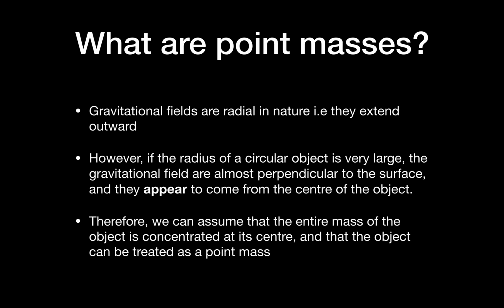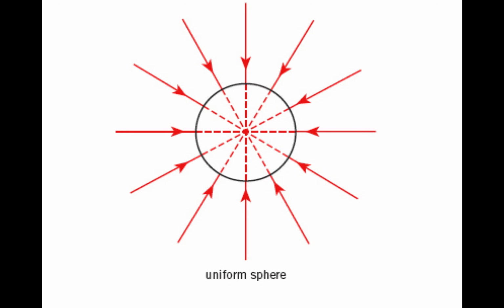Therefore, to simplify calculations and understanding, instead of taking Earth to be a body with volume, we assume that all of its mass is concentrated at its very center, and we treat a body as large as the Earth to be a point mass.